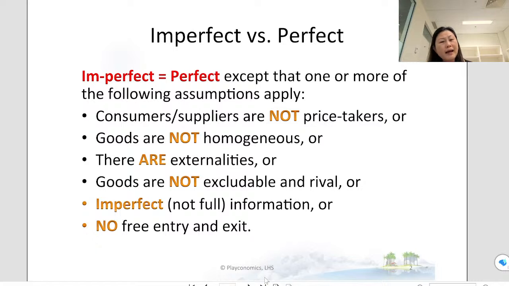We also talked about how imperfect markets are not price takers, the existence of barriers to entry and exit, whether government imposed or otherwise, and the fact that goods are not homogeneous. But what we're going to spend the next few minutes looking at, and next week, are externalities.